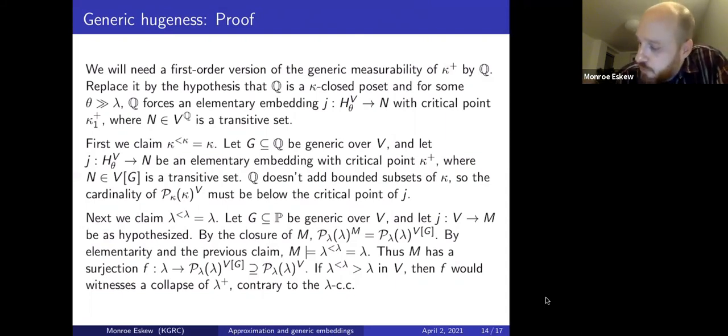So a weaker version is just restricted to some set-sized embedding. Let's say Q is a kappa-closed poset, and for some large theta, much larger than lambda, Q forces an elementary embedding with domain H_theta of V into some transitive set with critical point kappa plus. There's no need for a V[G].